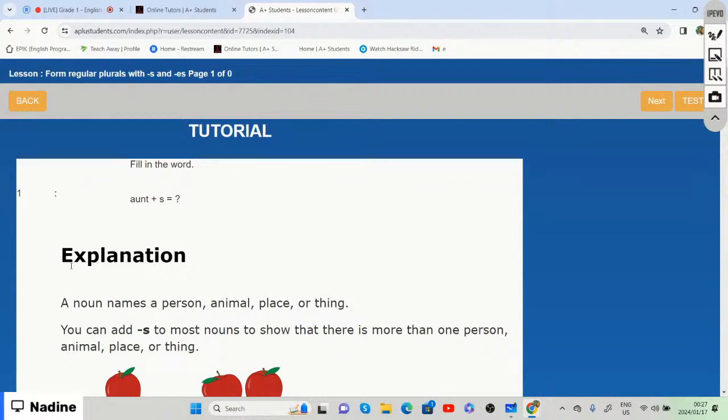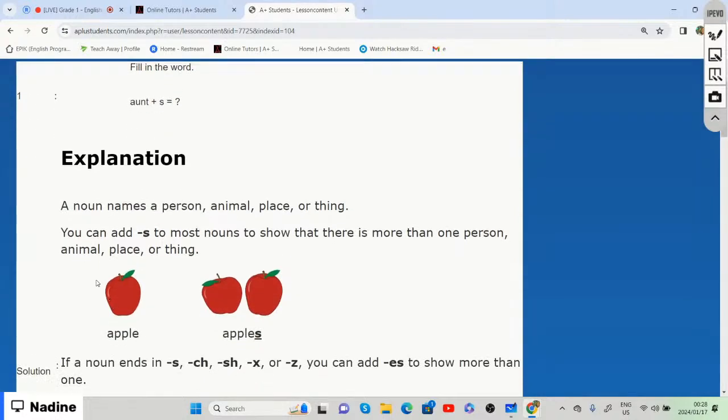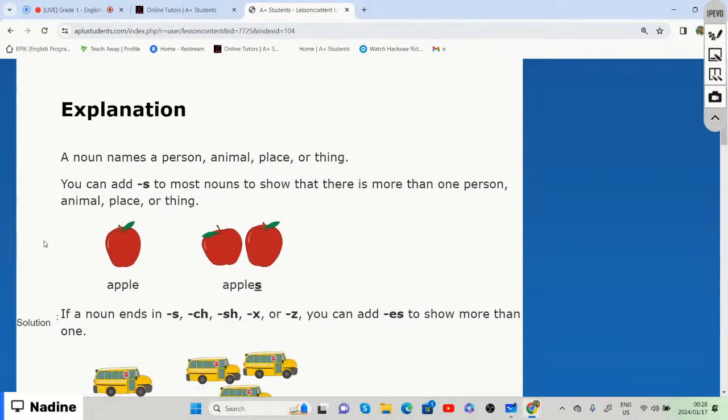So we're basically going to fill in the word and then we're going to get the final word. And before we do that, we see that a noun names a person, animal, place, or thing. And we can basically just add an S to most nouns to show that there is more than one person, animal, place, or thing.